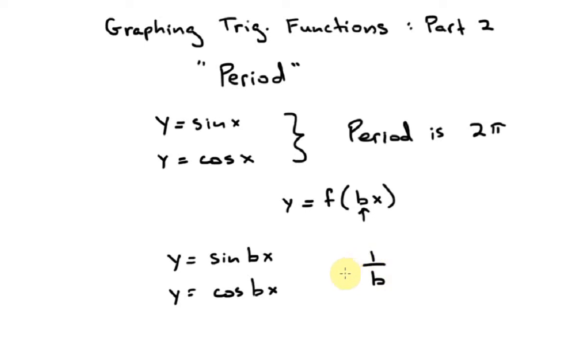Why don't we look at an example with some actual numbers and see if we can make sense of it. Let's see if we can graph y equals sine of 2x. Nice, friendly, happy little 2x. The number in front is 2, which means its reciprocal is 1/2.